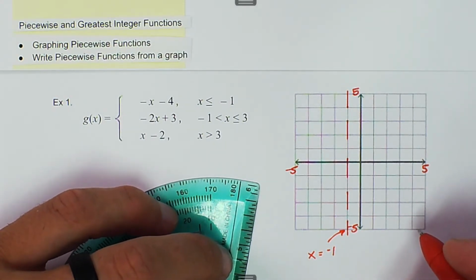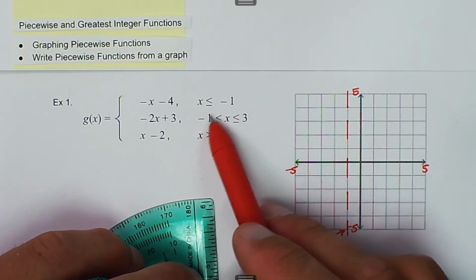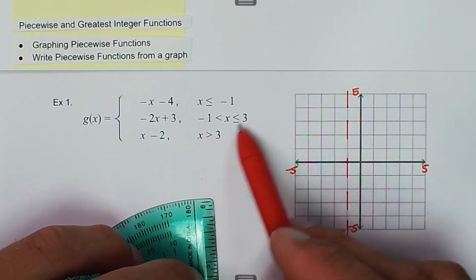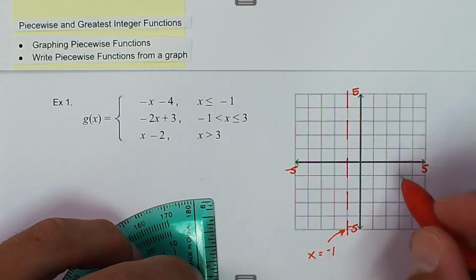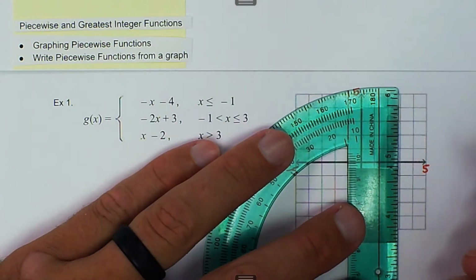And my other restriction, so here is x is less than or equal to -1. Here is x is less than -1. So these are both restricted at the same location. And then we have one more restriction at x is equal to 3. So 1, 2, 3. So I want to graph that one as well.